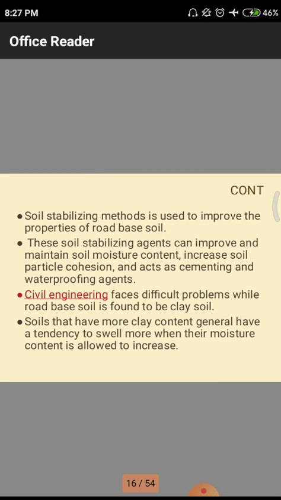Normally we call that a swelling parameter. Swelling is more when the moisture content is allowed to increase. Automatically the soil absorbs water, and due to the absorption of water, the volumetric change will be very large as the water content increases day to day.